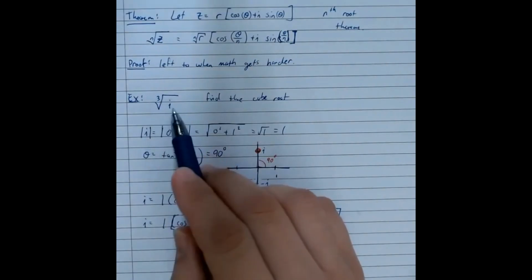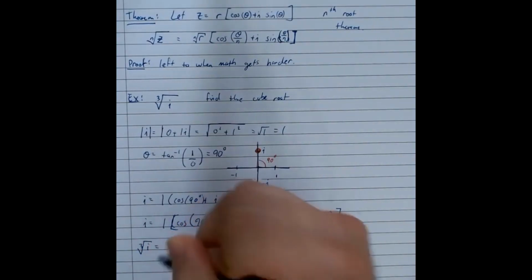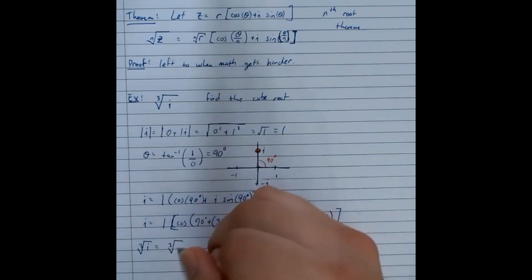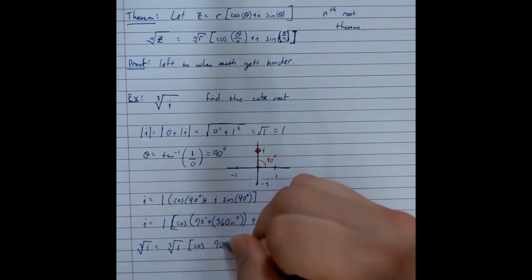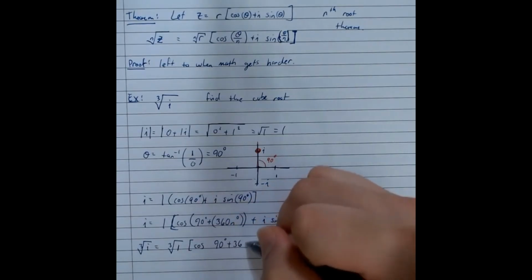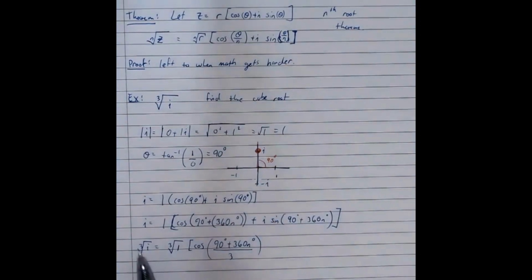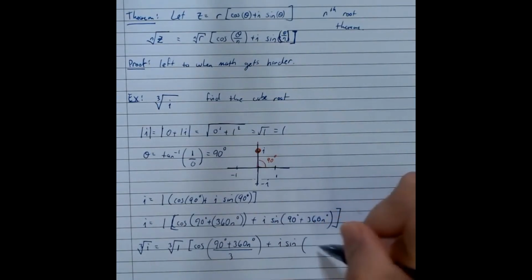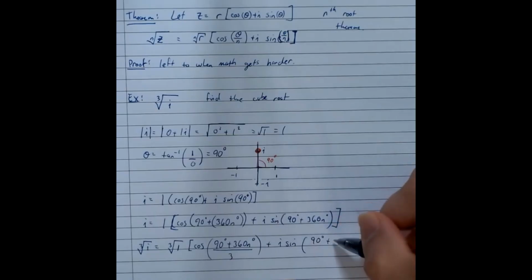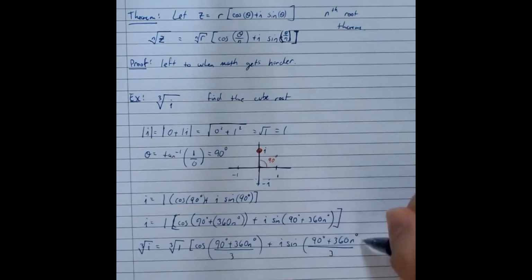Well, that's going to be the third root of I. So right here, I'm going to take the third root of I, and that's going to equal the third root of r times the cosine of 90 degrees plus 360n degrees, and we're going to be dividing that by 3. Whatever that is, that's going to give us this one, plus I sine of 90 degrees plus 360n degrees over 3.